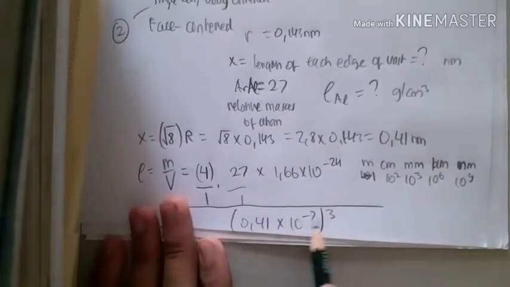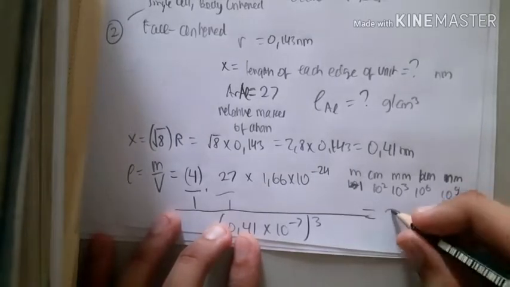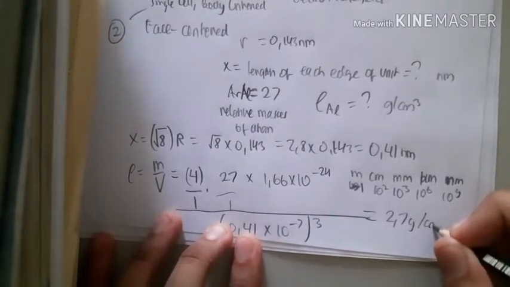Edge length is like the side, and you calculate that, and the value is 2.7 gram per centimeter cubed.